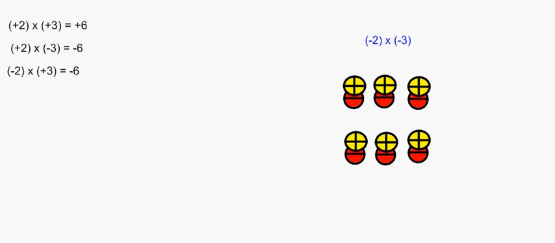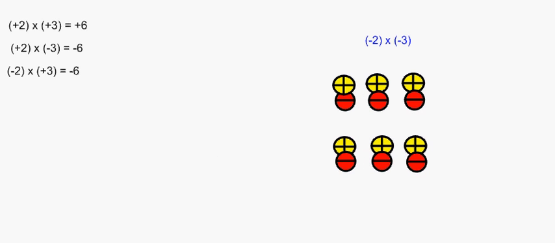So now I'm going to take those away. There's one group of negative 3, and there's another group of negative 3 that I've taken away. So taking away 2 groups of negative 3 gives me an answer of positive 6. So negative 2 times negative 3 equals positive 6.